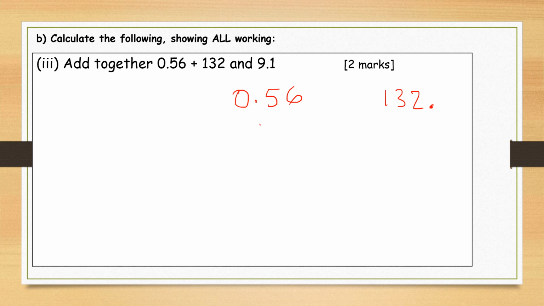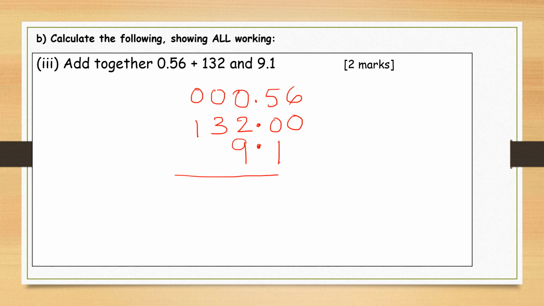So we're going to put our point here, 2, 3, 1. And we're going to place some zeros here, and we can also put some zeros here. Good. Then 9.1. Let's fill up these with zeros.